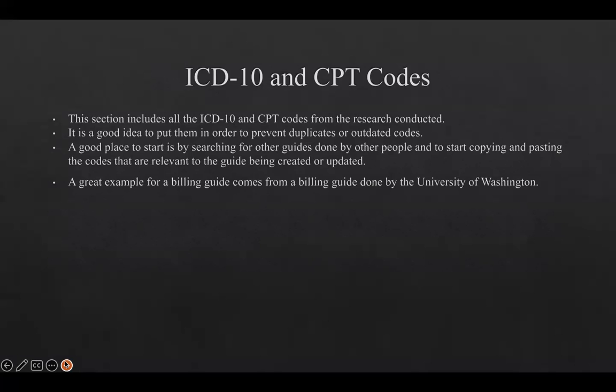It's a lot, and a good place to start is to copy and paste what you feel is the most relevant to the guide, and keep it in order and be very organized. A really good example came from a guide done by the University of Washington. They outlined it really well and had such great examples. It's very easy to read and very easy to understand.